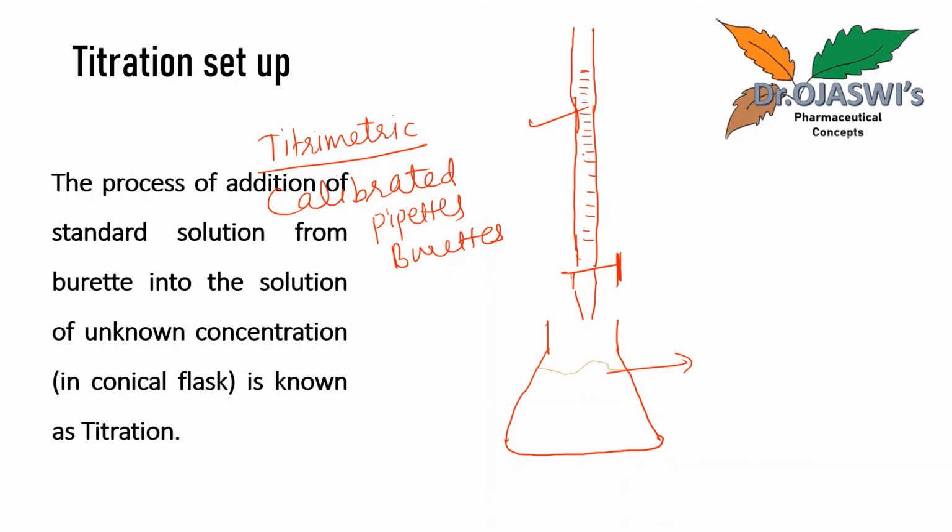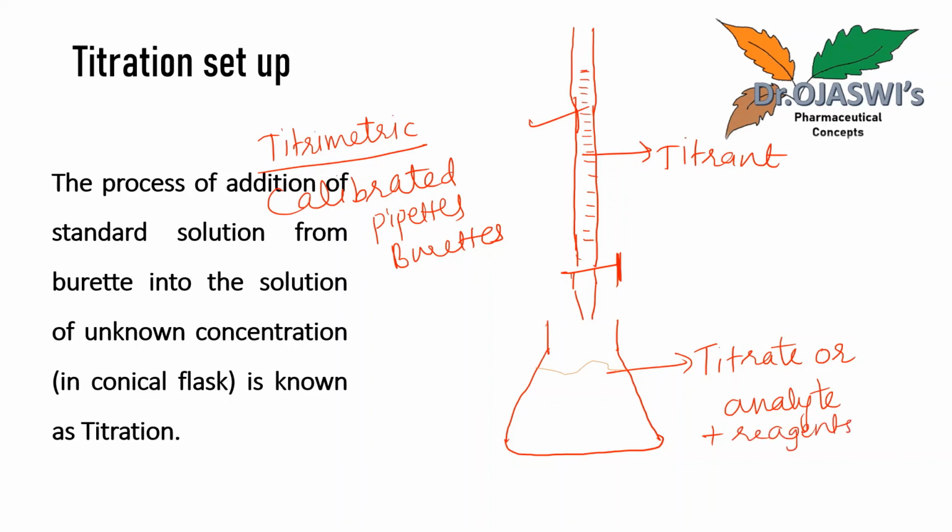So this burette will have the titrant in it. The flask will have the titrate or the analyte along with other required reagents and the indicators.